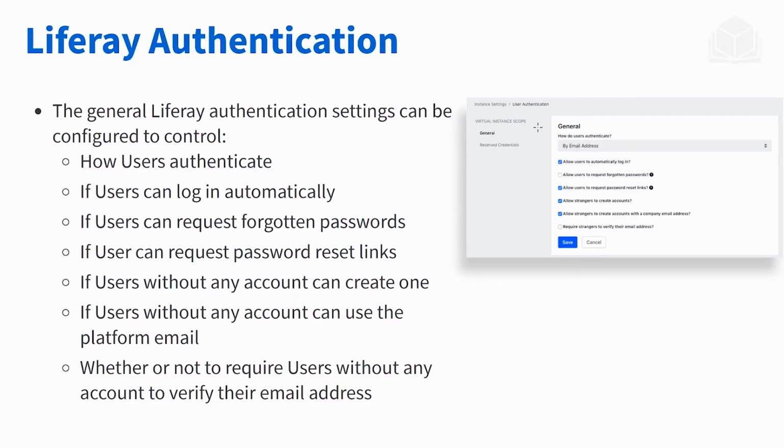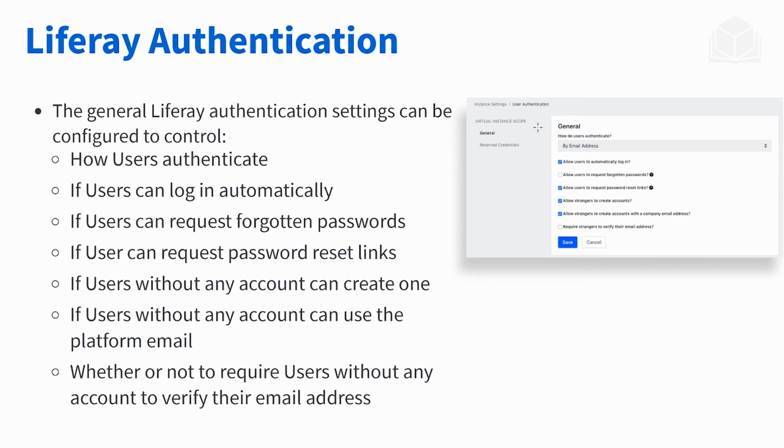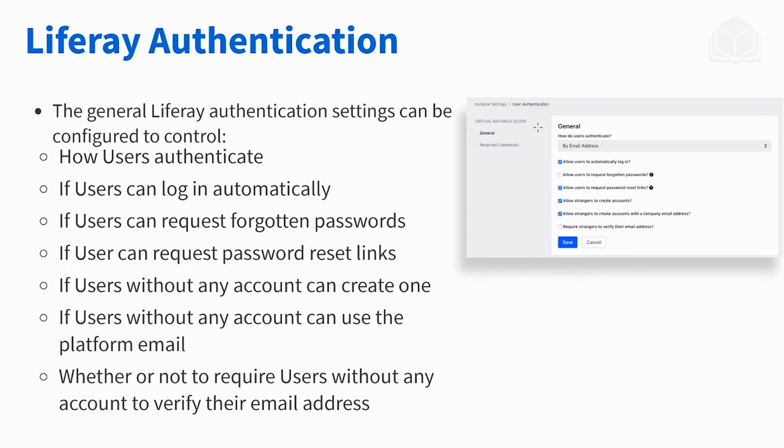We have some basic out-of-the-box authentication configuration that you can turn on or off. This is going to be inside of the control panel, inside of configuration, and then under instance settings. You can control how users authenticate. You can let them log in automatically, request forgotten passwords, allow them to request password reset links or not.